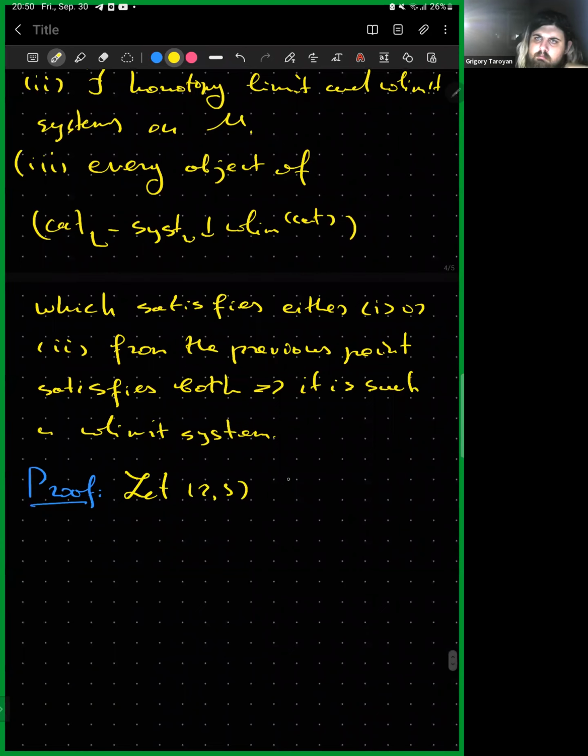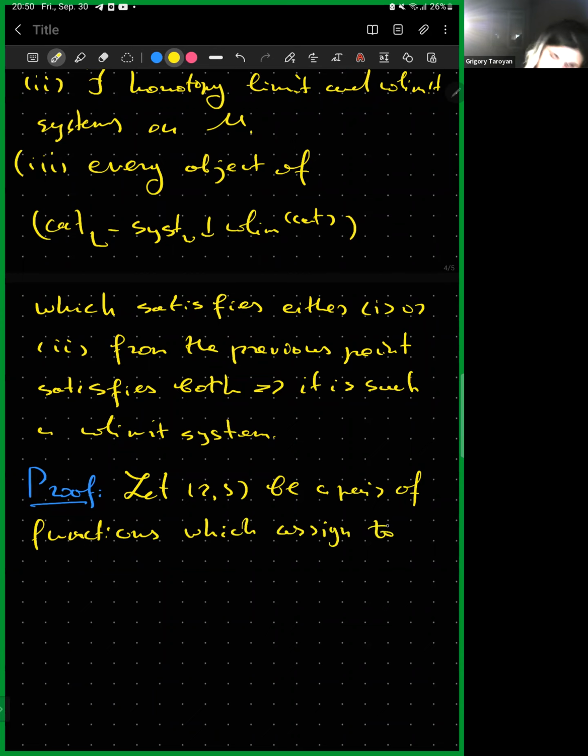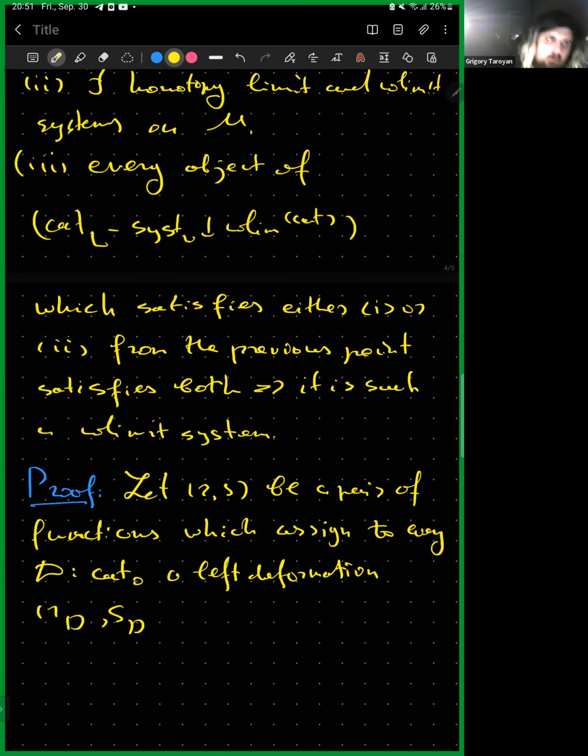So let R be a pair of functions which assign to every small category A a left deformation R_A, which deforms the category of diagrams into a full subcategory of virtually cofibrant objects.